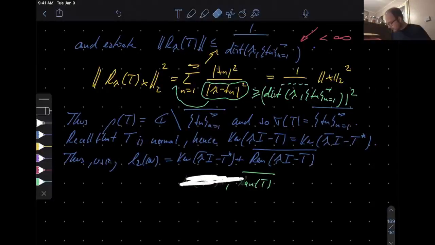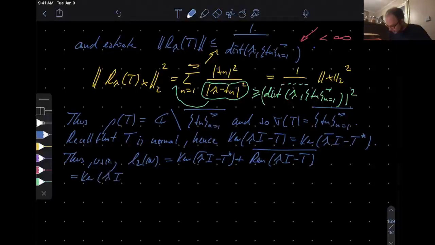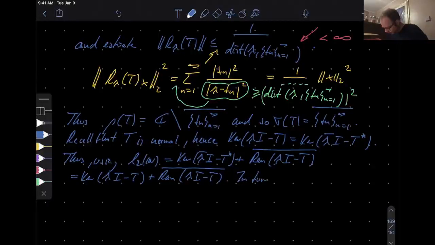Okay, so now we have this, but I already figured out that the kernel here is just the kernel of lambda I minus T plus range lambda I minus T. Okay, good, right? All right, in turn, if you are in the residual spectrum, if lambda were a value in the residual spectrum, then it is not an eigenvalue.